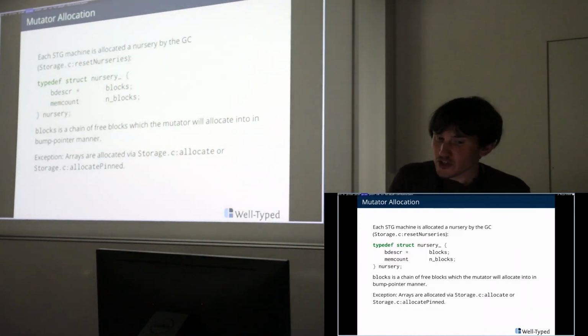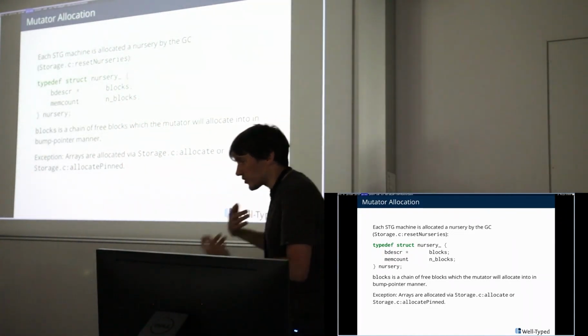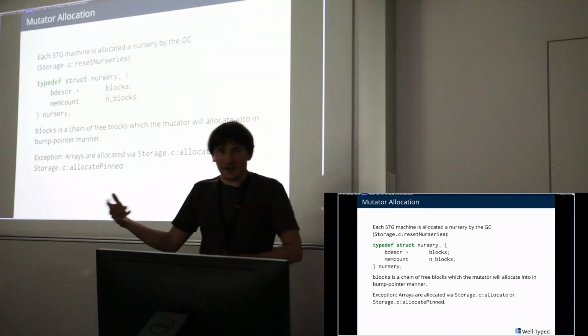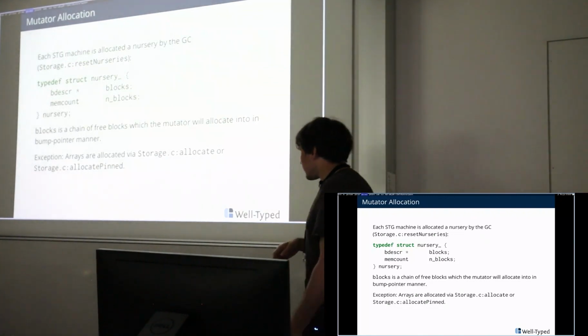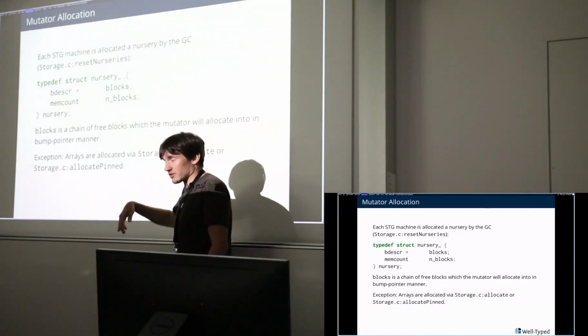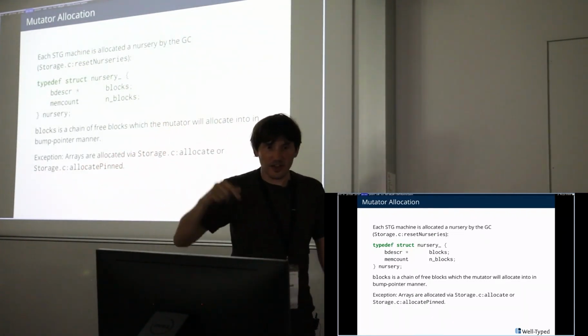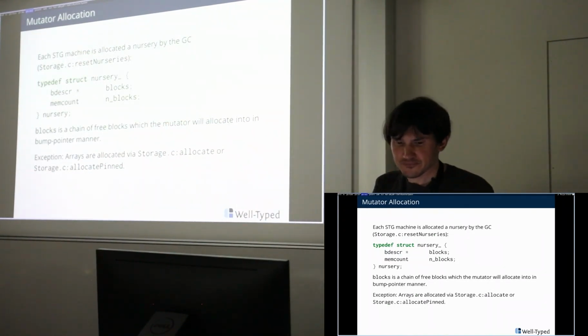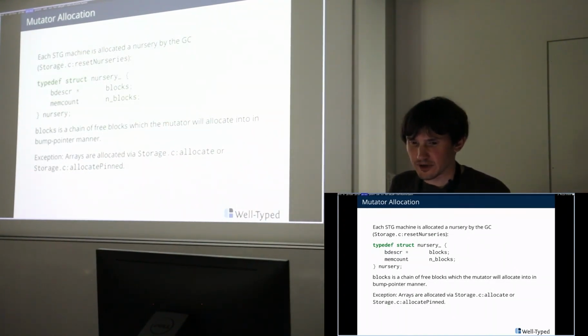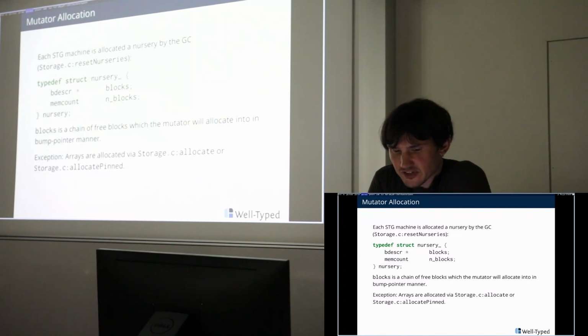So the nursery, of course, is used for constructors and thunks and normal Haskell data structures. But there are a few types of objects, compact regions, arrays, and the like, that are actually allocated via different means. They're not handled by the usual nursery idea that we had seen previously.